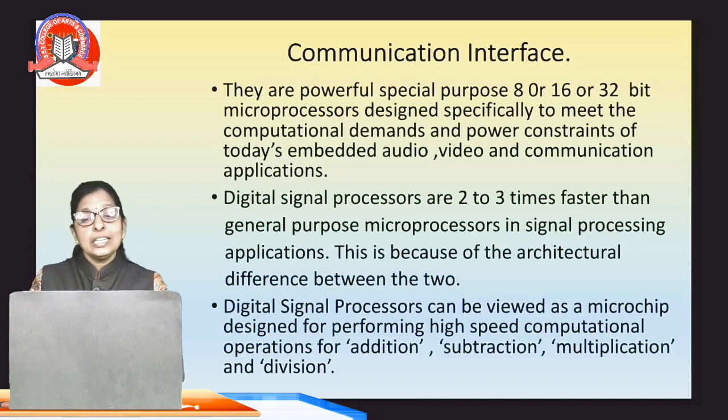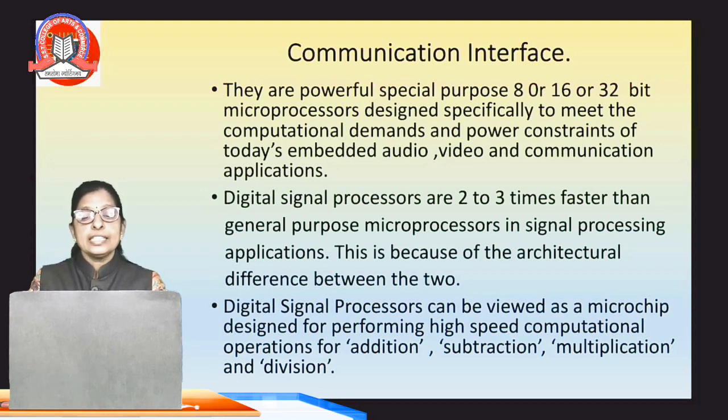Digital signal processors are 2 to 3 times faster than general purpose microprocessors in signal processing applications. This is because of the architectural difference between the two.